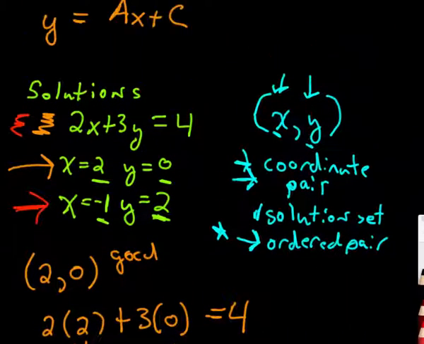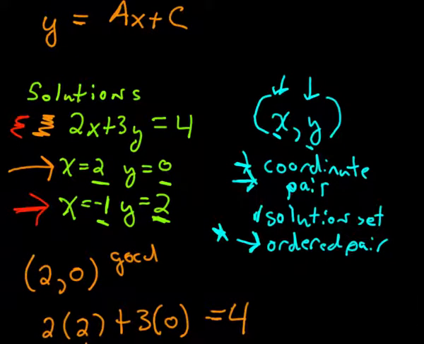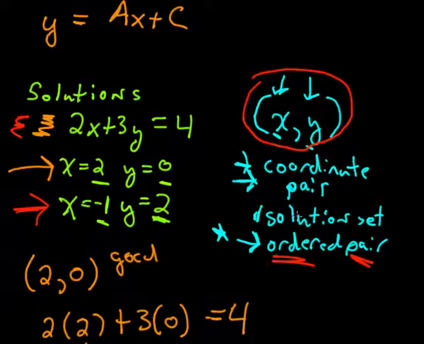We're going to look at some specific examples of ordered pairs in the next video. But our idea here is when we have two variables, our solutions come in a pair of numbers, and we'll always write them in the same order: the x variable, comma, the y variable.